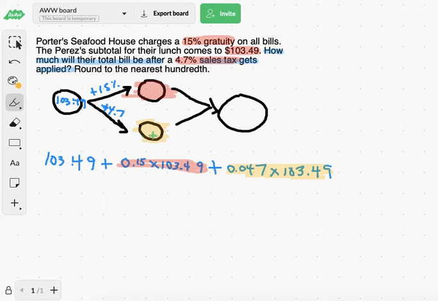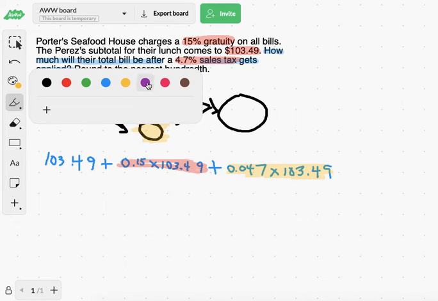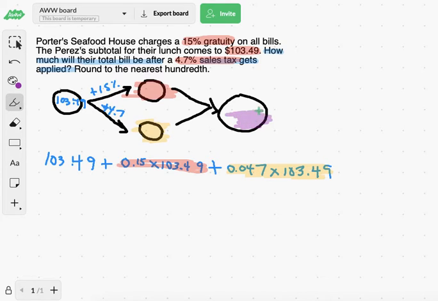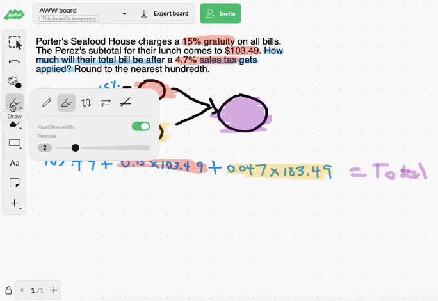And overall, you're going to end up with the total, which is this piece right here. Okay, and that's the total. All of this is going to be equal to the total. All right, so let's get down to business.